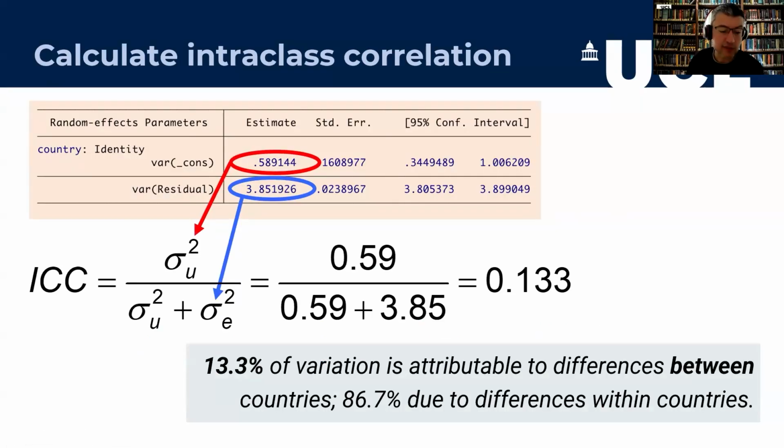In all of the other cases, how do we interpret this ICC or VPC, and how do we estimate it? So this can be estimated manually if you want, because once you tell Stata, R, or any of the other packages that the data is hierarchical or multi-level, these packages will give you estimates of both the variances of the residuals, as well as the variances of what is called here the constant, that is the variances at the group level.